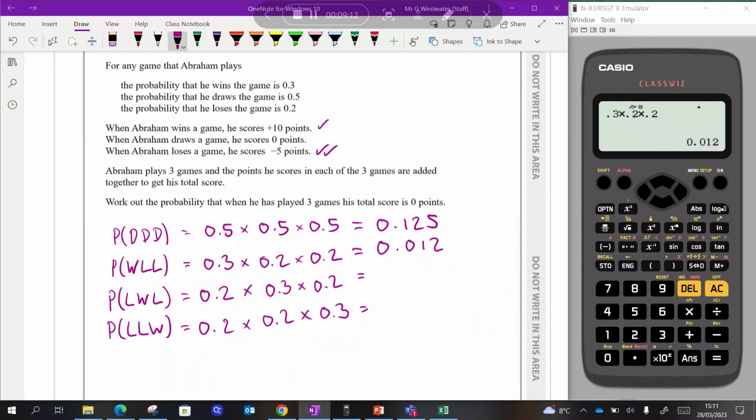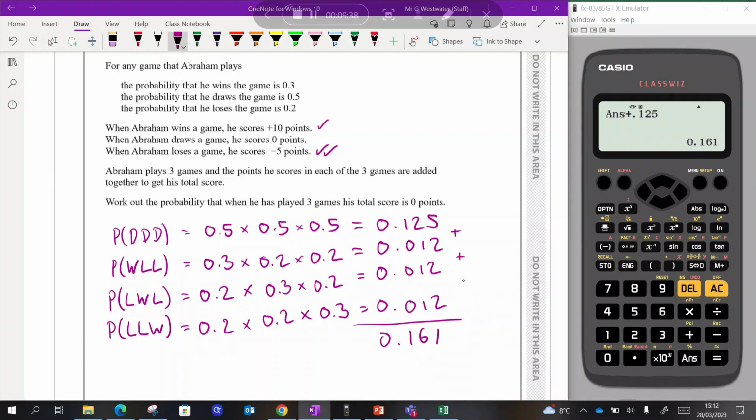And because these are basically the same calculation, just in a slightly different order, these are also going to be the same probability. And if I add all of those up together, so in fact what I'm going to do, I'm just going to times this by 3 just for ease of access, so 0.036, and then add 0.125, we get 0.161.